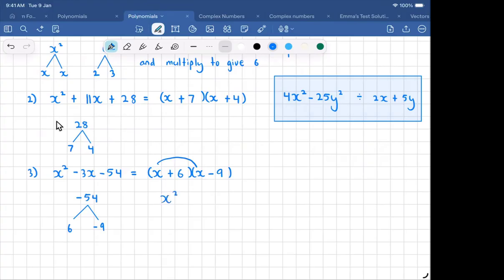Continue. x by what now? x by minus 9, which is minus 9x. Then the 6 by the x, which is 6x.